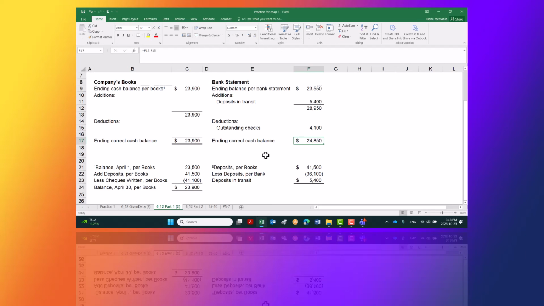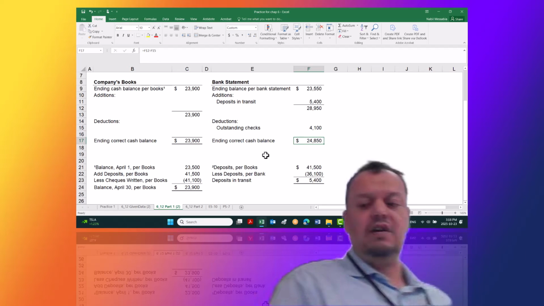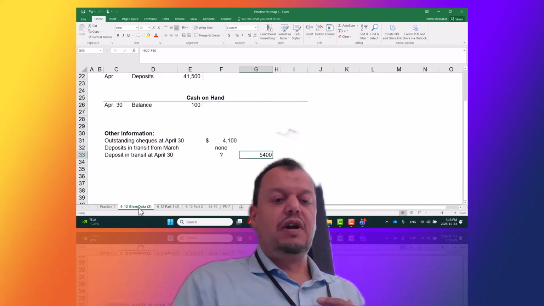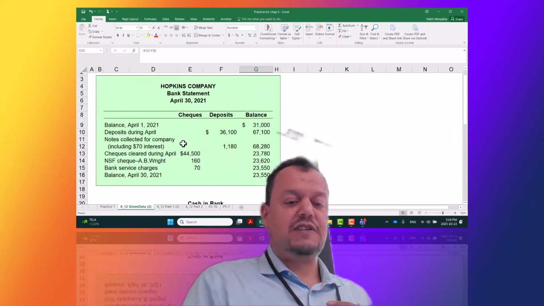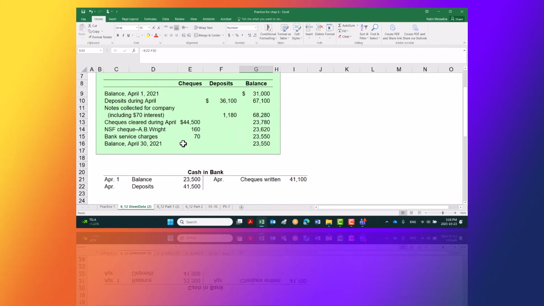So what does it mean? We have to look for information that the bank knows and that I, as a company, ignore. So if we go back to the bank statement, which comes from our bank: deposits during April, already counted. Notes collected for the company, including $70 of interest, 1,180.